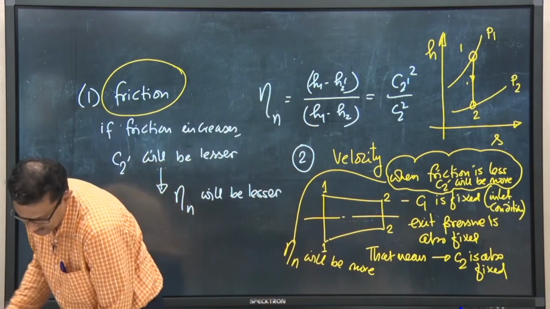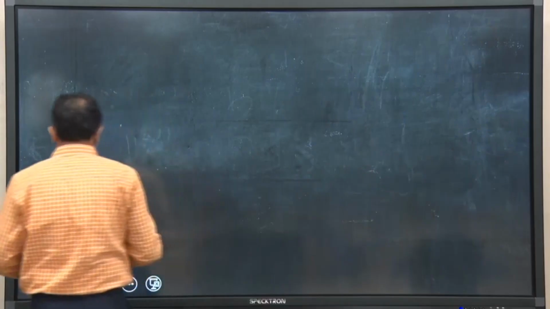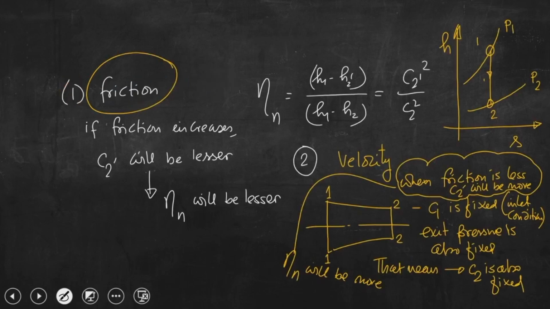Finally, if we look at the last factor, that is 3, that is length of the nozzle. So, we have identified that if friction increases, C2 will reduce, efficiency will reduce.